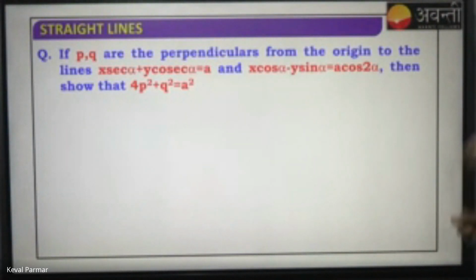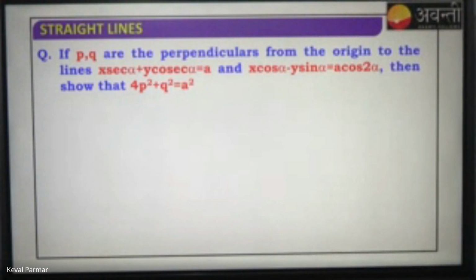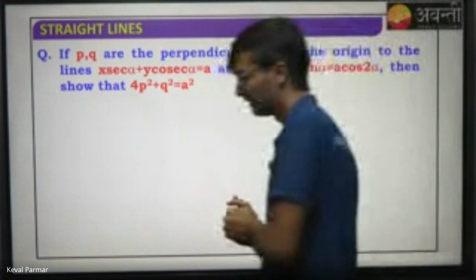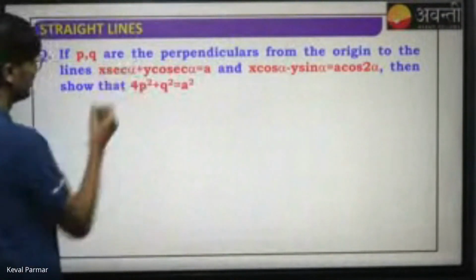So here, if p and q are perpendiculars from origin to the line, then show that. So same thing. These are the equations of the lines, and here is origin.